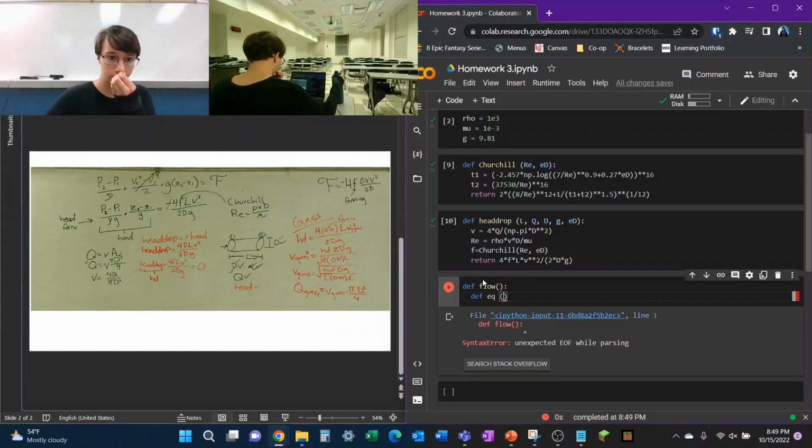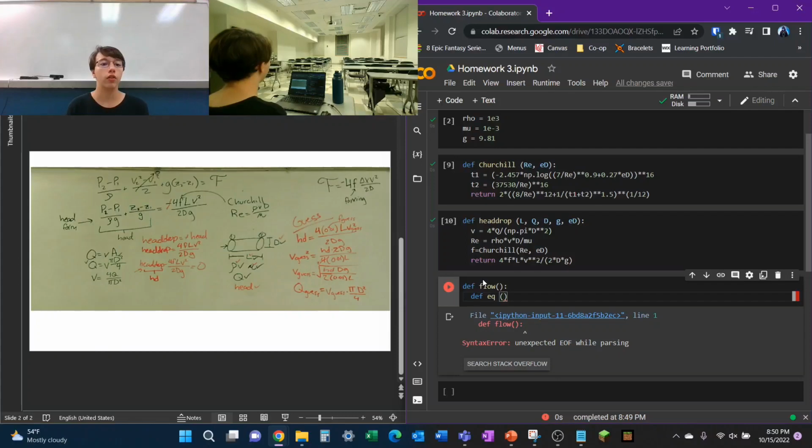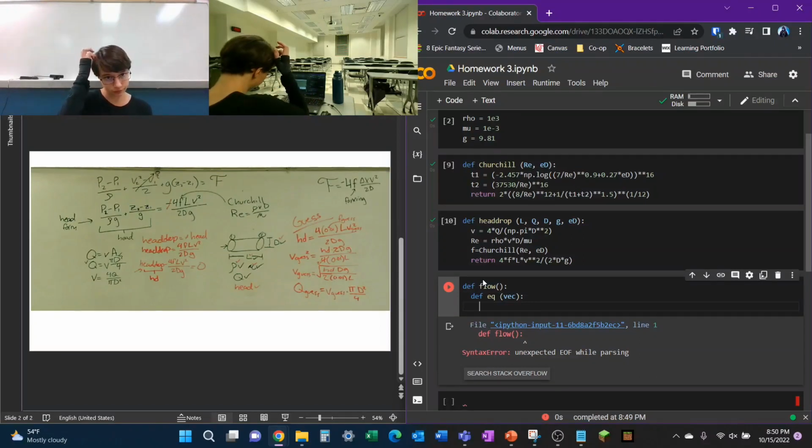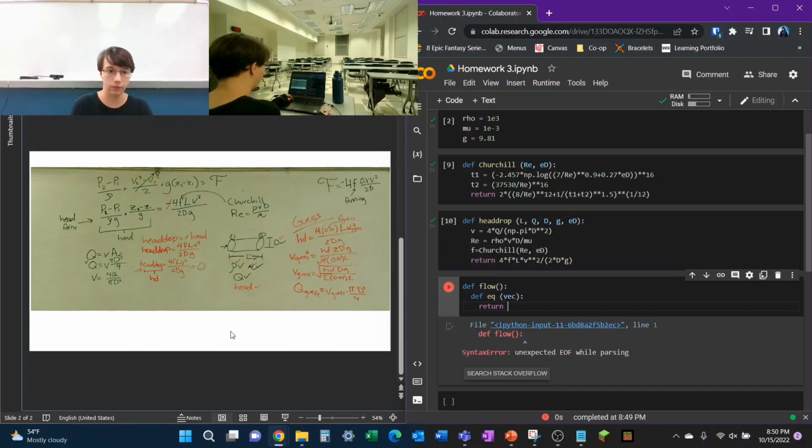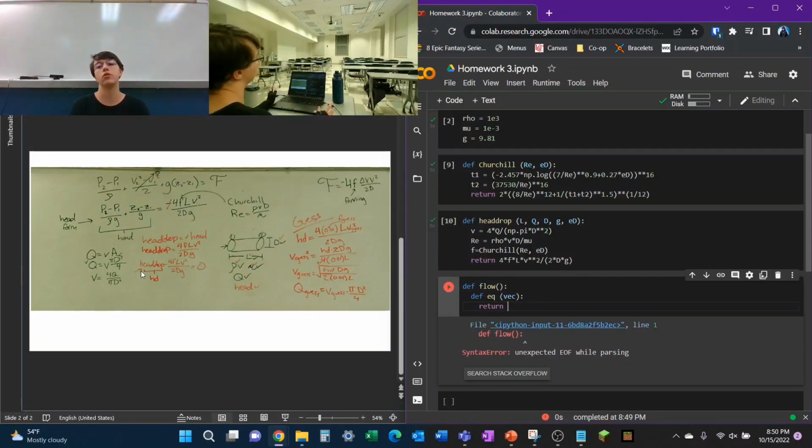So this equation, we're going to have it take in some vector, and we'll just call it vector. Then we're going to want to return this right here, because this is the equation that we want it to solve.